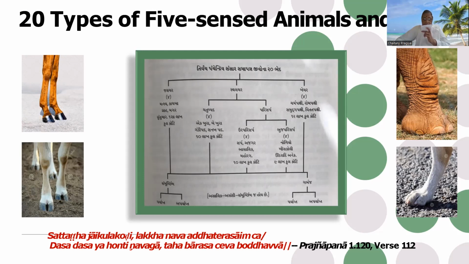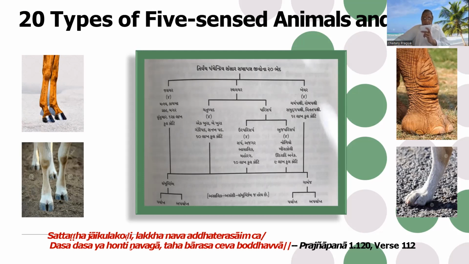Those bacteria or germs are recognized as Samurchim, and they can also be of two categories, Paryapt and Aparyapt.